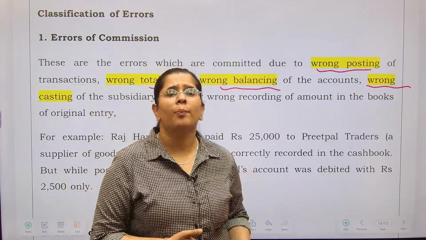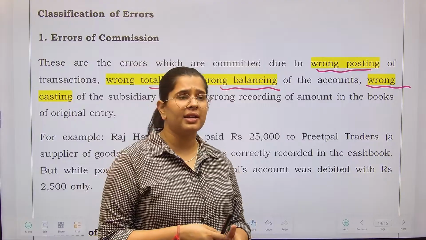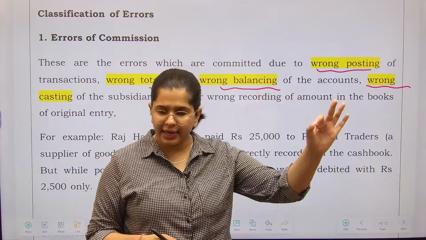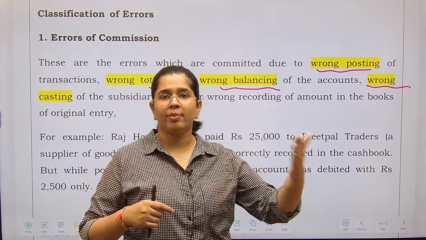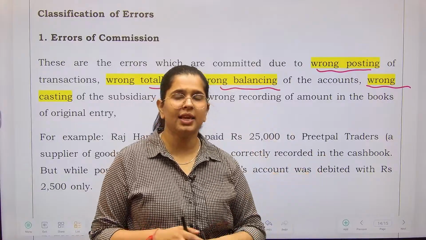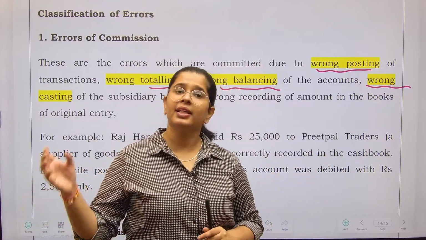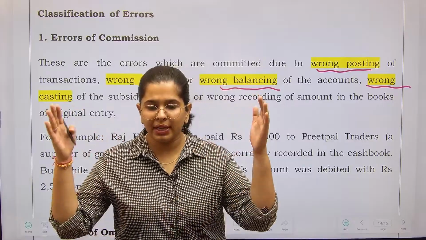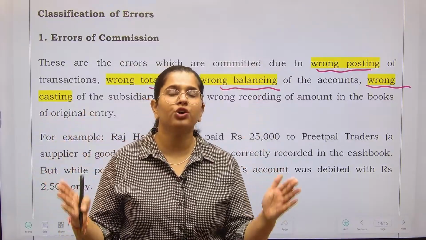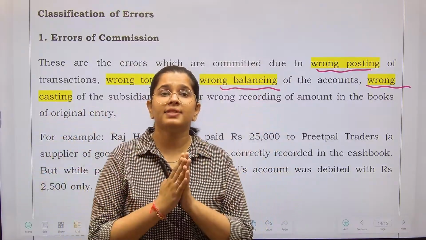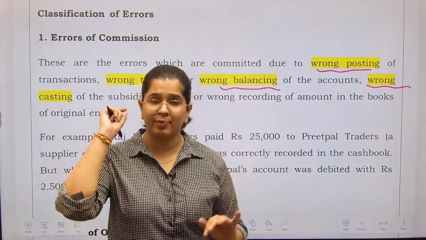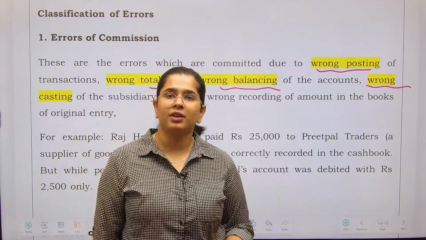And then there are compensating errors. Compensating errors मतलब मैंने कुछ गलती डेबिट में की और एक एंट्री मैंने की उसमें भी गलती थी, and then I passed a second entry that was also wrong, but the combined effect of both the wrong entries gives a nullifying effect and it becomes hard to find out the error.